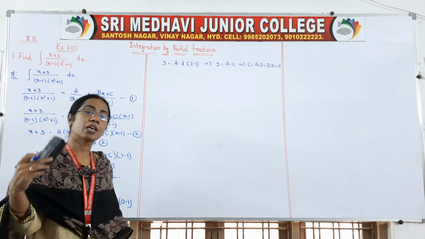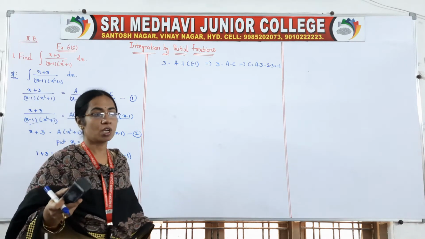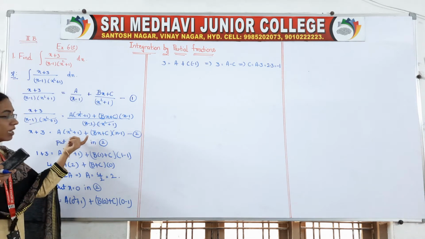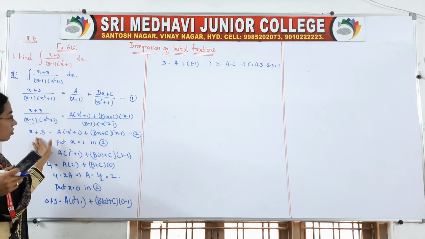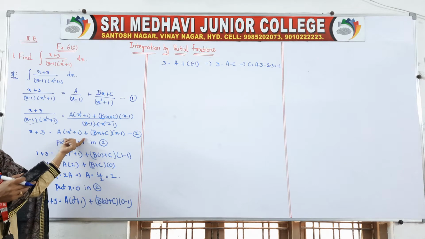We have to get the b value now. So how will we get our b value? There is no chance of substituting an x value here. In such cases we have to equate the coefficients of like terms on both sides in equation 2.